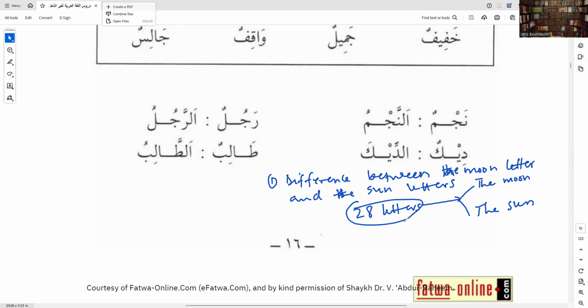And the nature of the letter, whether it is the moon or the sun, determines how we pronounce or articulate the definite article.